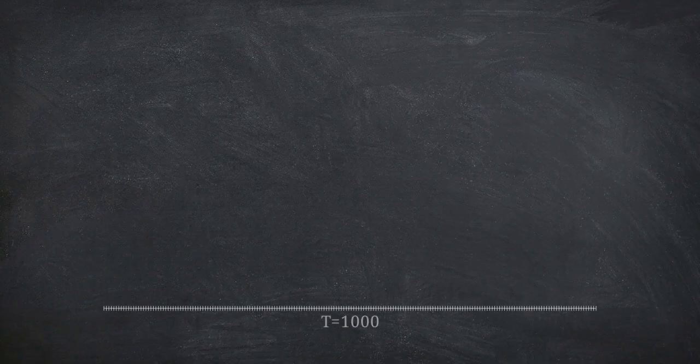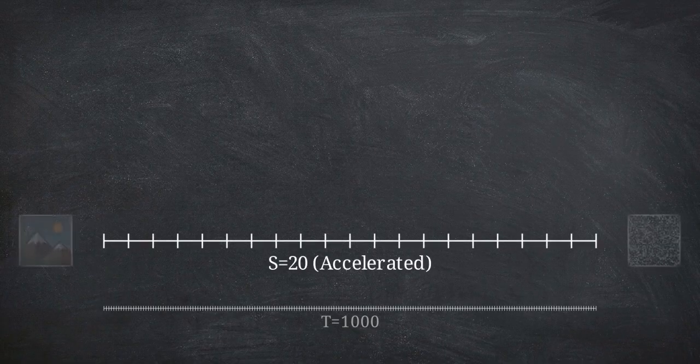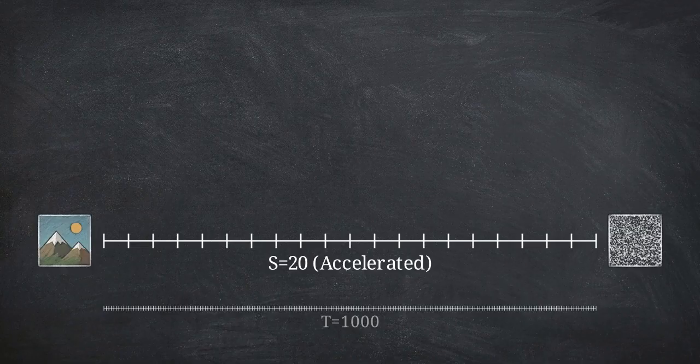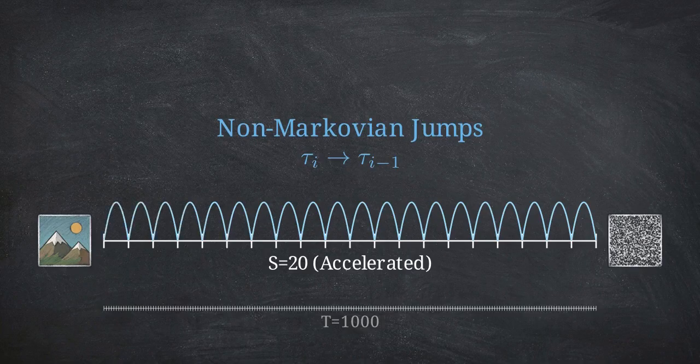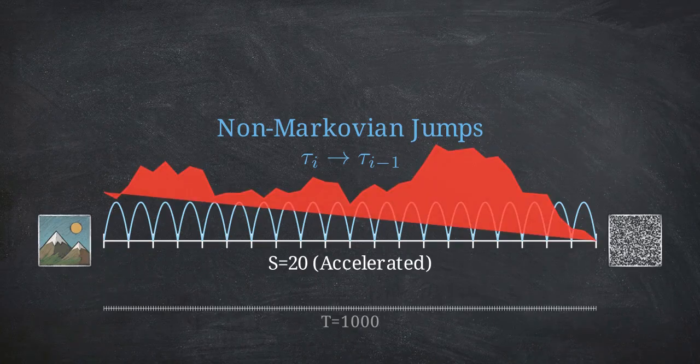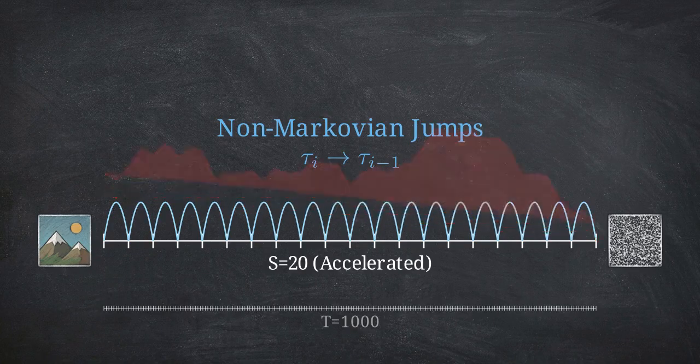Charting this deterministic formulation onto the timeline allows inference to operate over a much shorter subsequence of steps. We transition from calculating all t iterations to taking large, clean jumps across a subset we call S. Because no stochastic noise is injected at the intermediate intervals, stochastic drift is mathematically eliminated.